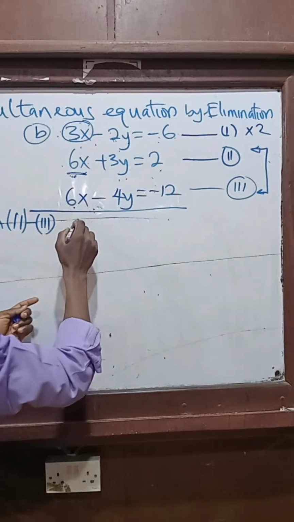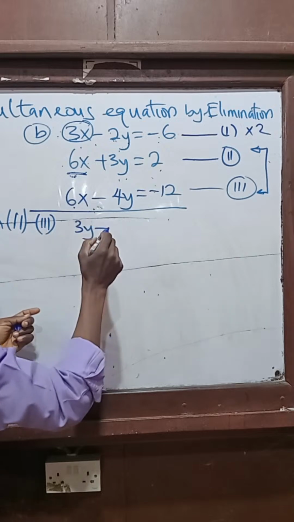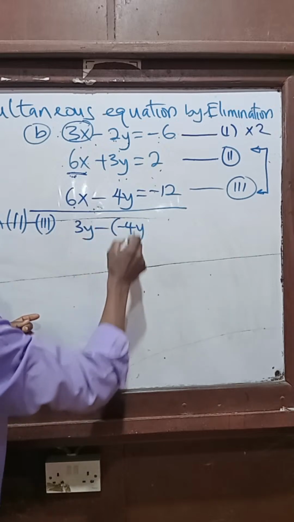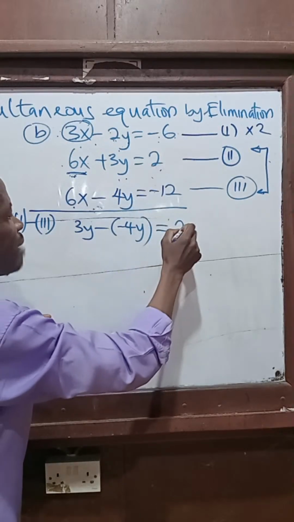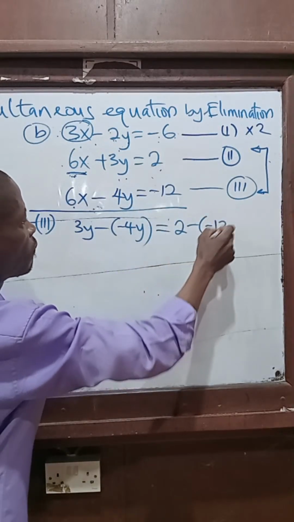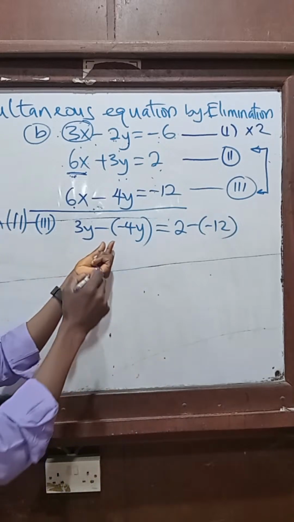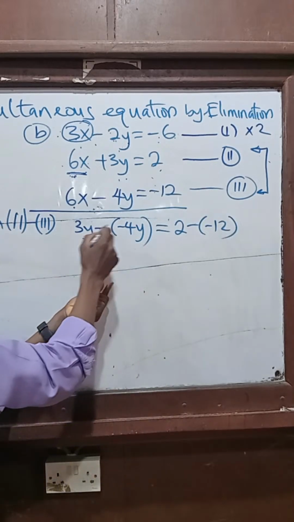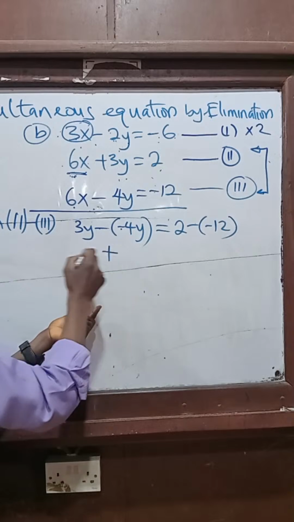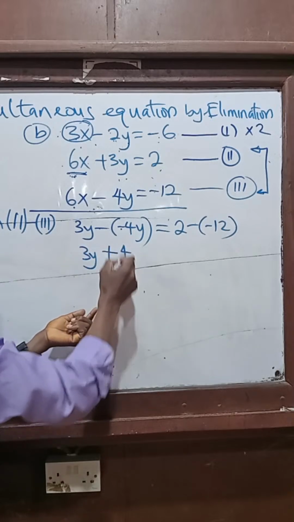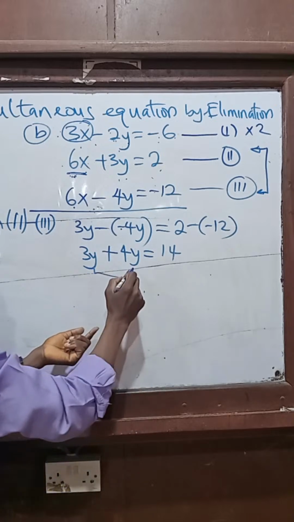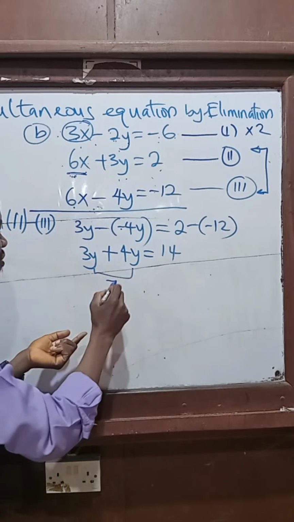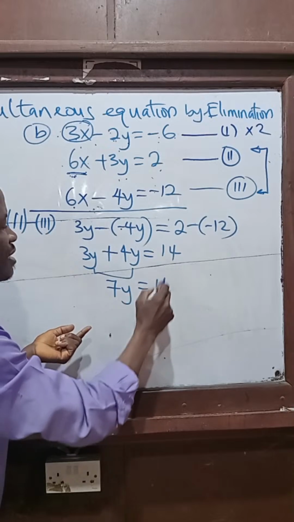And then we have 3y minus minus 4y equal to 2 minus minus 12. Minus times minus is a plus, so 3y plus 4y equal to 14. When you add these together, it gives you 7y equal to 14.